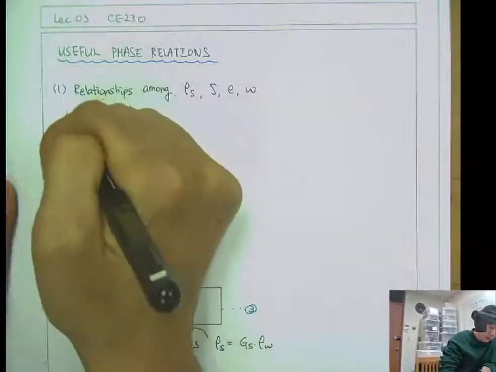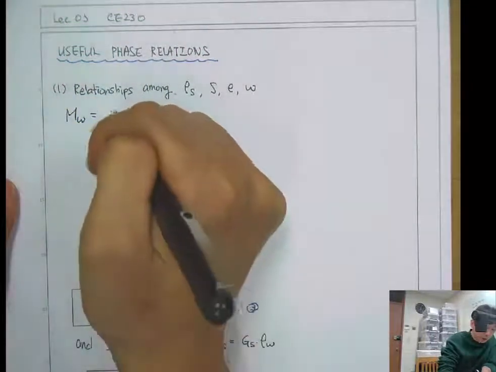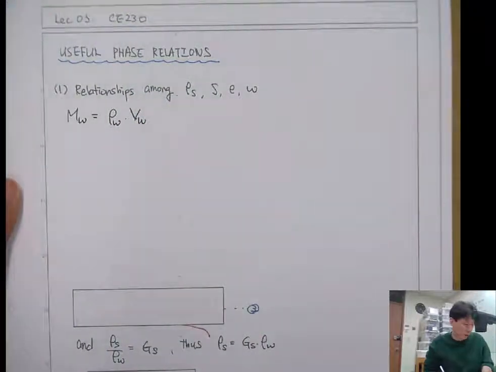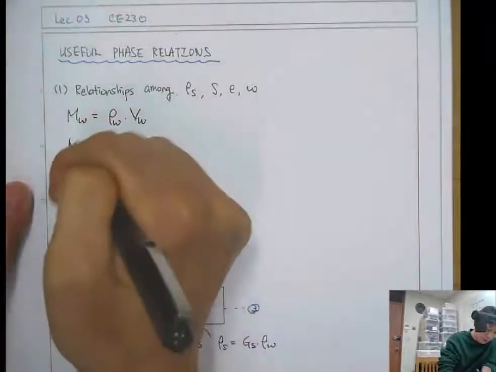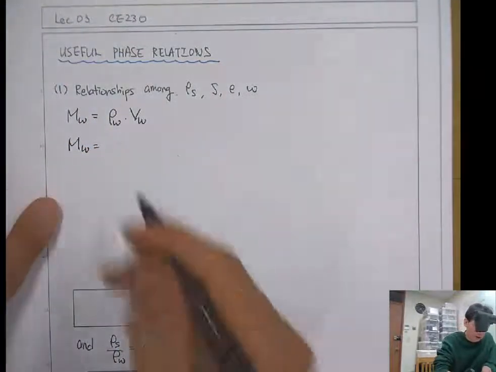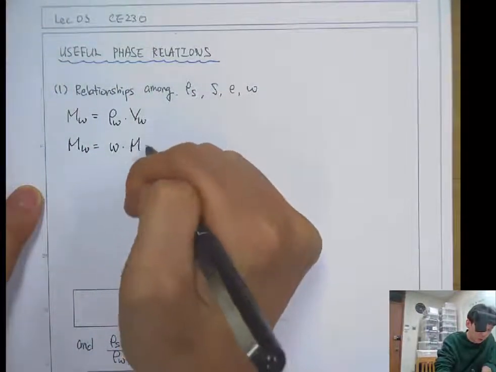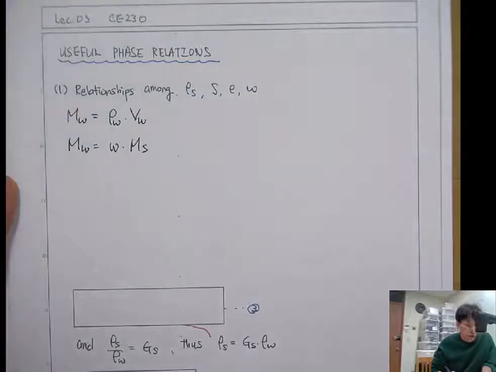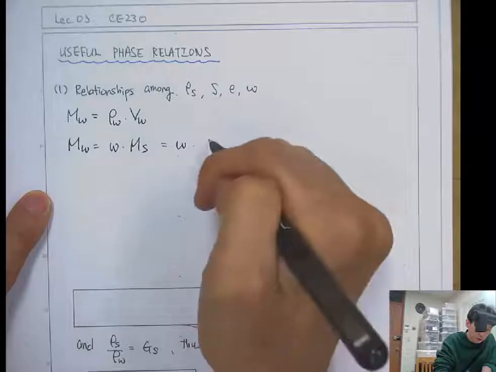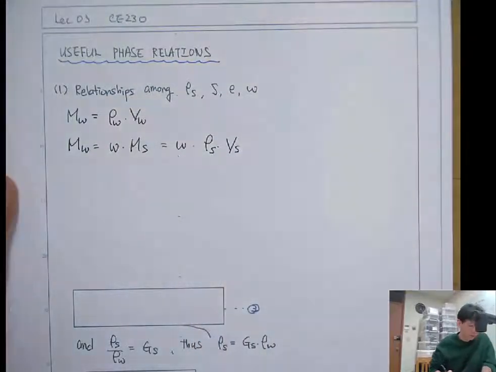So let me start with the water mass. Water mass will be the water density times water volume, right? From the density definition. And also from the definition of the water content, water mass is water content times solid mass. And here also we can rewrite this one with rho s and V s.